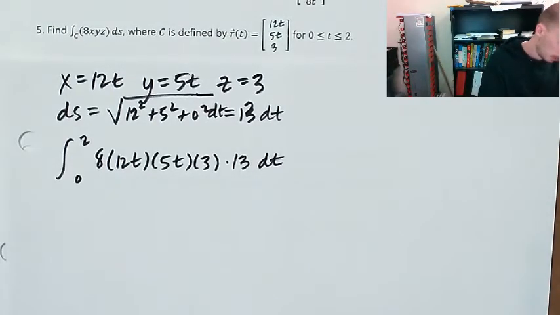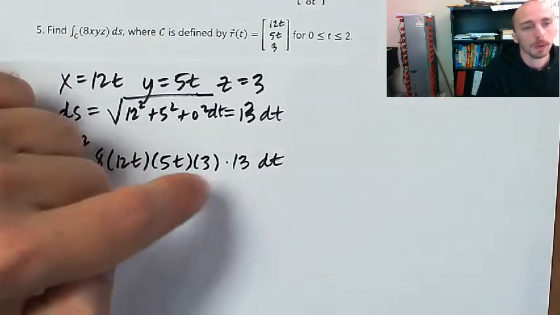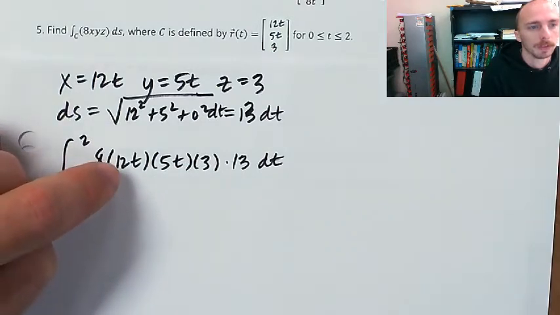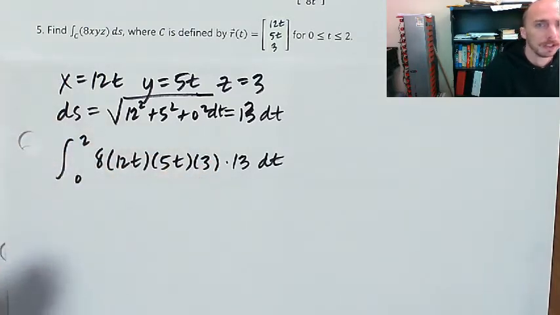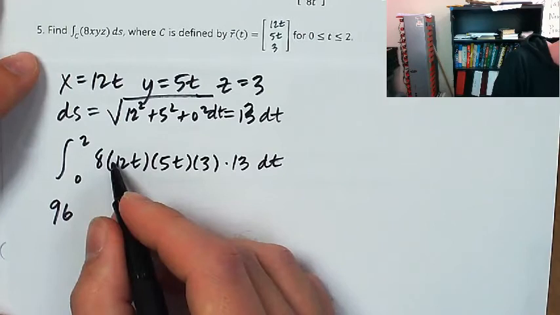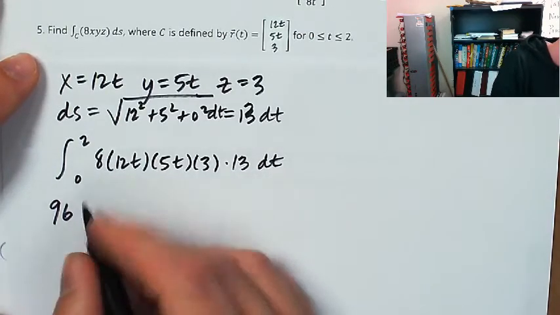And so I really think what I'm going to do is, I'm going to have 2 total powers of t, so I'll hold on to that 3 to make my anti-differentiation a little easier, but I'll get rid of the 96 from the 12 times 8, and the 65 from 5 times 13.